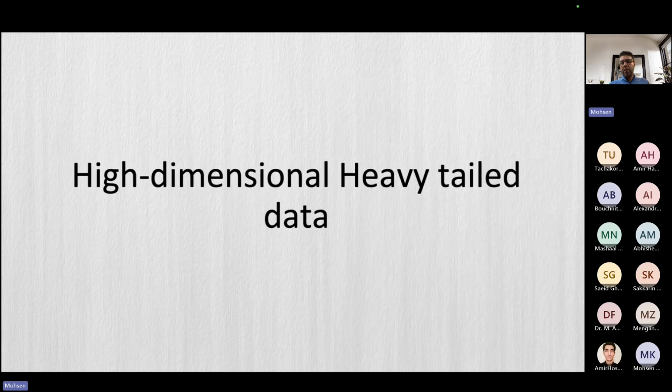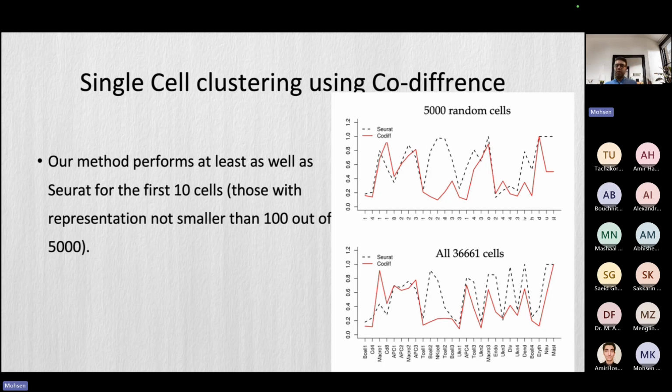And the reason for that is that Seurat uses a lot of other information. We don't use that information. Seurat, before clustering the data, scales the data to kill the information of the outliers. We don't do that. There is a little bit of inconsistency between our results and Seurat, but after discussion with the biologists, we found that our result is more reliable than Seurat for the clustering of the genes.